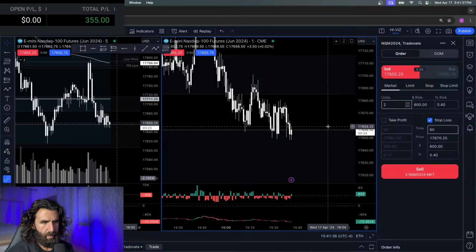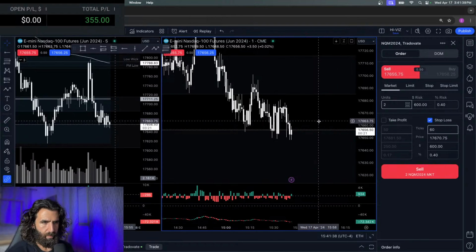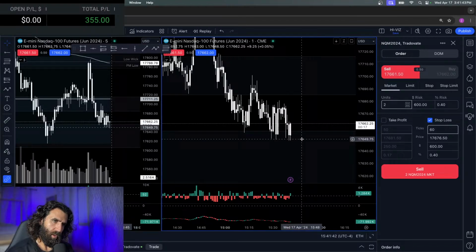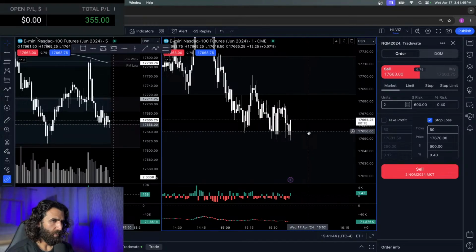Tap back up into that level, clearing this 1-minute price action. Man, it's tempting for another short here.